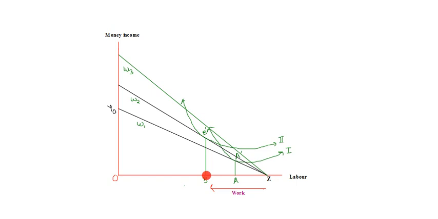So he is willing to work for BZ hours, which are greater than AZ hours, and is spending only OB hours for leisure. By doing so, he is earning an income equivalent to B dash. So this income B dash is greater than the income A dash. This implies that as the number of hours increases, the income obtained by the individual also increases.